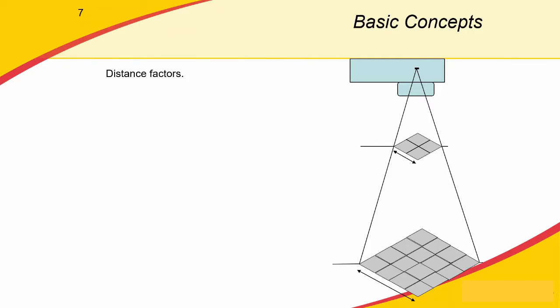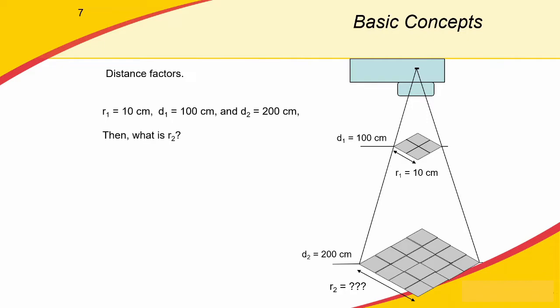So for instance, let's say our field edge 1 is 10 centimeters and our distance 1 is 100 centimeters from the source. What is our field edge size if our distance from the source increases to 200 centimeters? Well, we know that the field edge ratio is equal to the distance ratio.